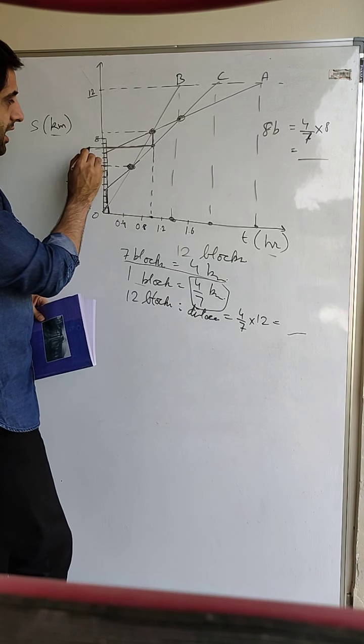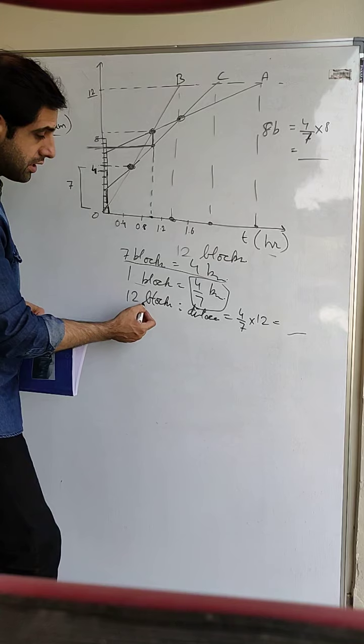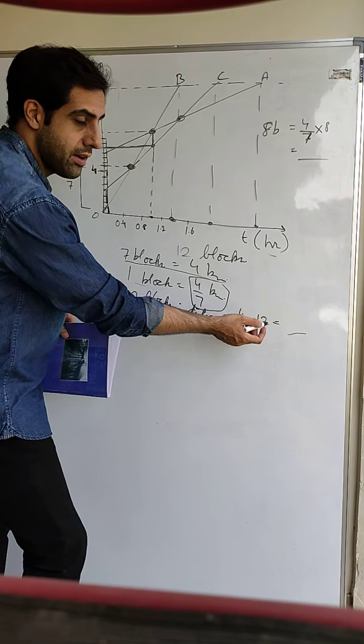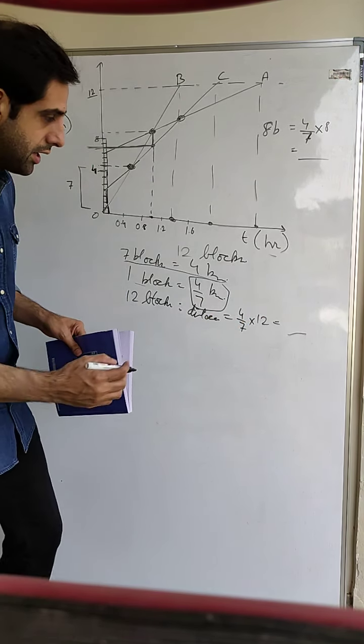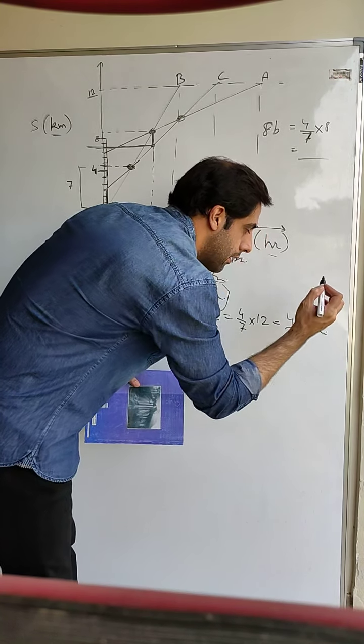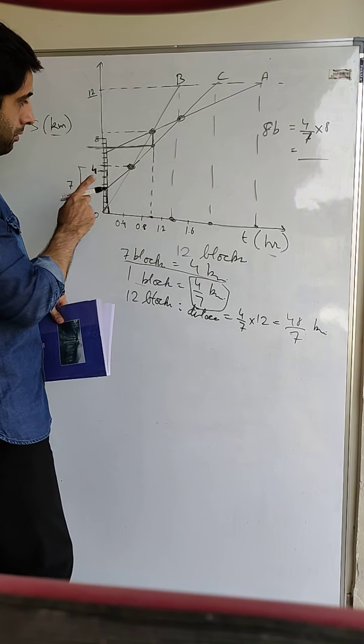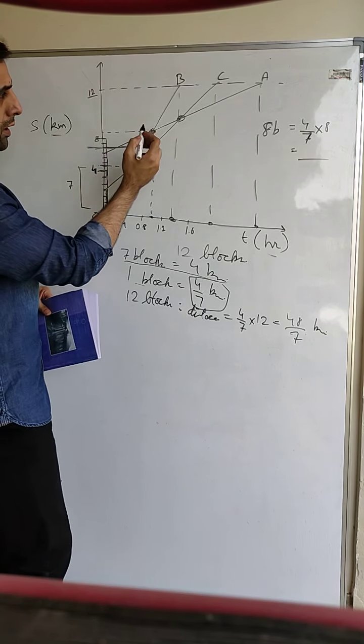The body C has covered 12 blocks. So if one block equals to 4 by 7 kilometers, 12 blocks equals to 4 by 7 into 12 kilometers. That is equal to 48 by 7 kilometers.